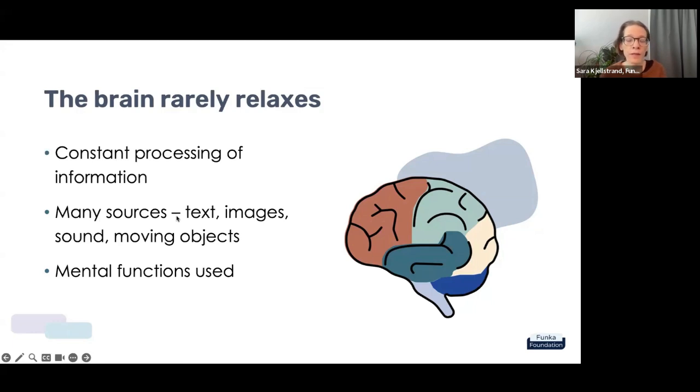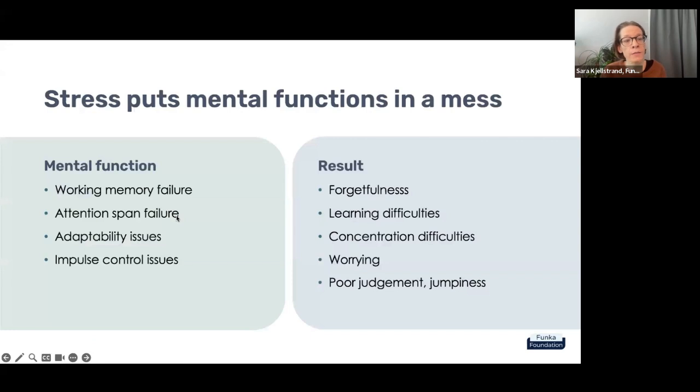All of these processes are going on all the time. And if we look at the next slide, what happens when we get stressed is that there is often an overload of information. Then the processing of information is no longer efficient, which means that the mental functions malfunction.